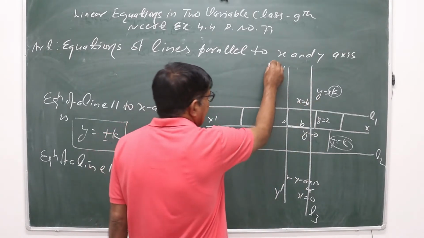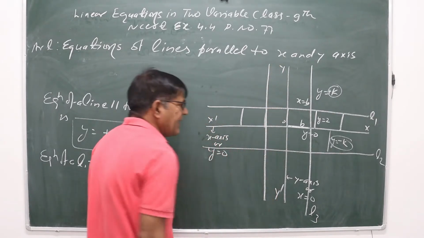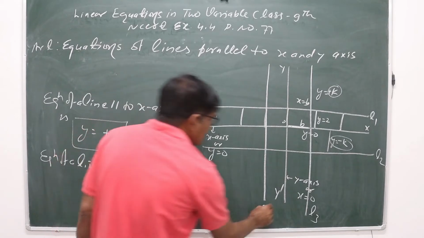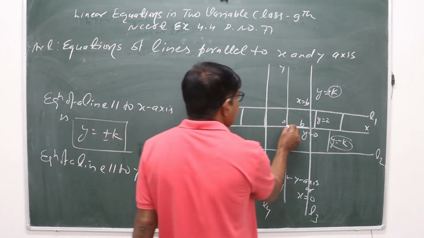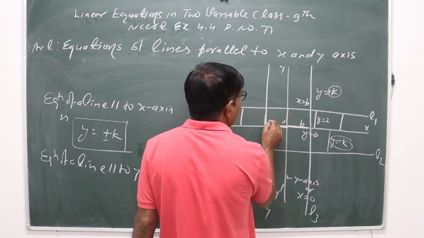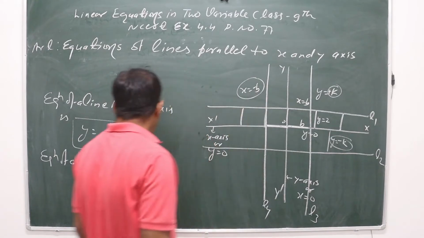Similarly, if the line is parallel to the y-axis but on the left side of the y-axis, and it is L4 with distance equal to minus b, then its equation will be x equals minus b.